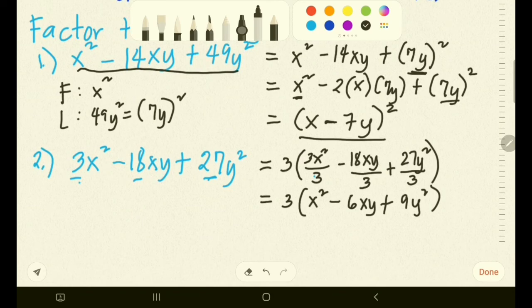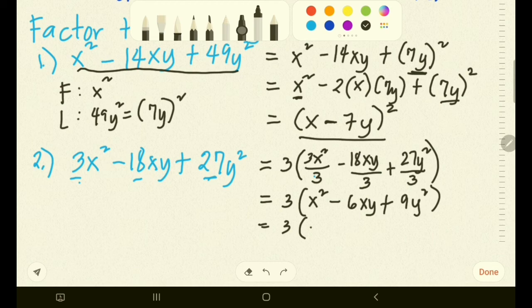Let's check if this is a perfect square trinomial so that we could apply the tip on factoring the PST. You expect that you have 2 binomial factors. The first term is a perfect square, 9 is a perfect square, and y squared also. Let's check if we get 6xy.